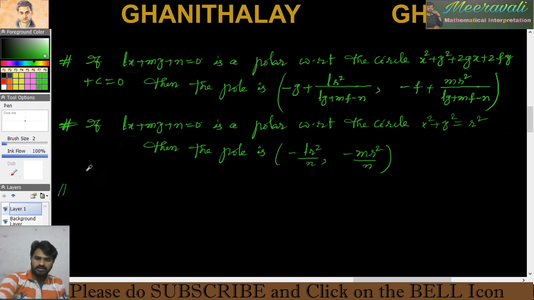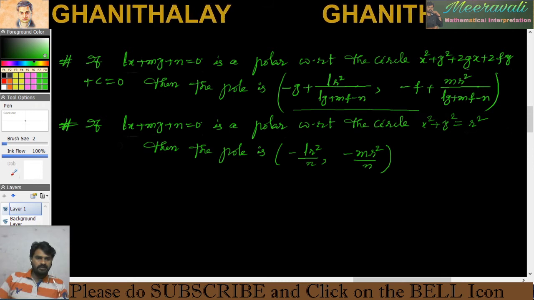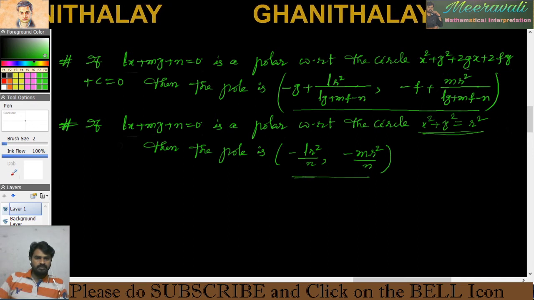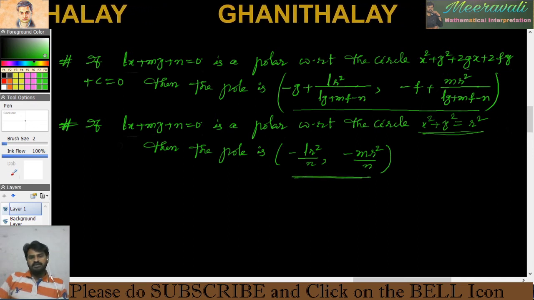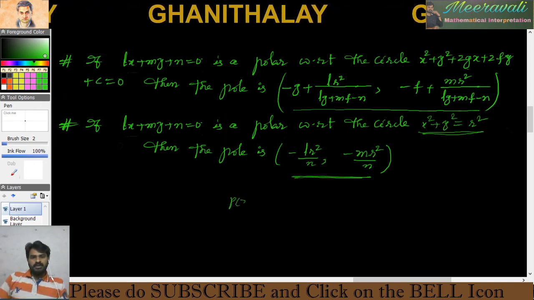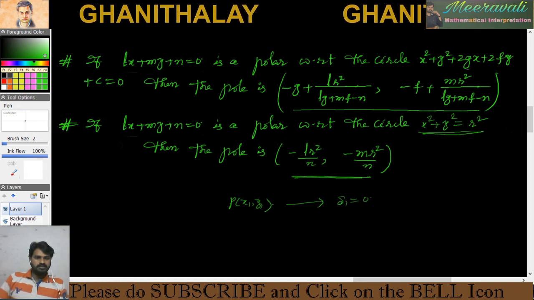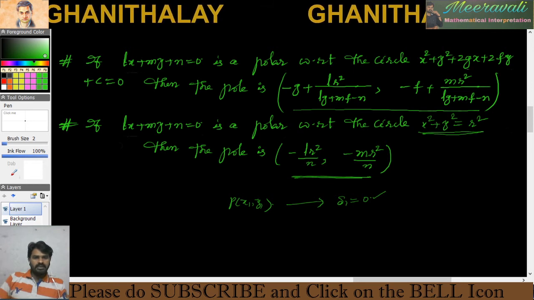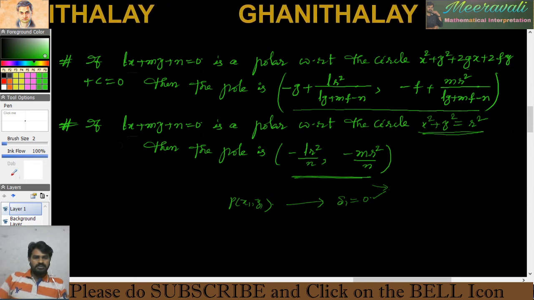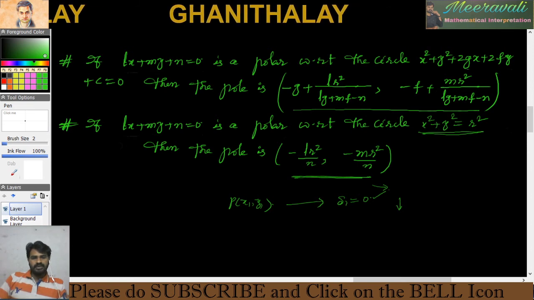So remember these two conditions. When a circle is in the general form, you have to use this formula to find the pole. When the circle is in the standard form, you have to use this formula for the polar. Otherwise you can use the general process: take P(x1, y1) as the pole and find the polar equation S1 equal to 0, compare this equation with the given equation, and since these two lines represent the same line, the corresponding coefficient ratios are equal.